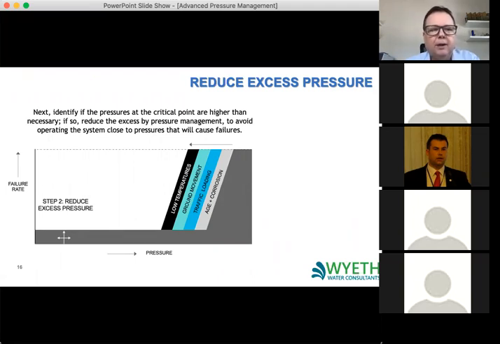They will really only need about 2 bar pressure to supply that housing area. Once we've done that, once we've reduced our surges and reduced the excess pressure, we've then got a nice factor of safety again between our system pressures and the strength of the pipe, the maximum strength of the pipe.